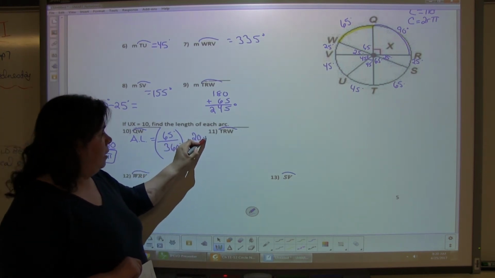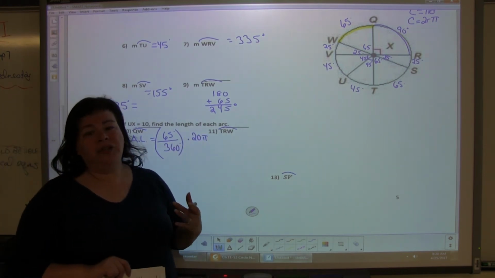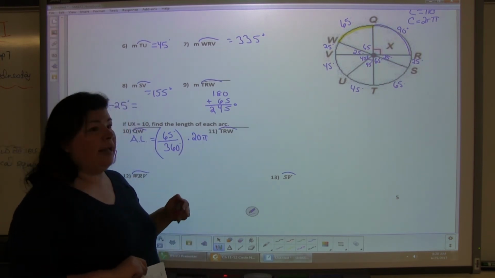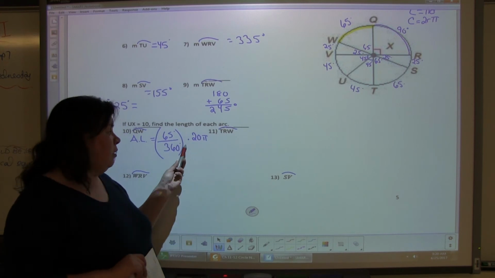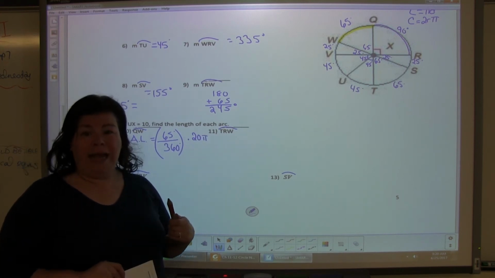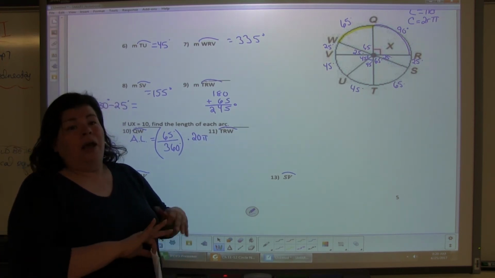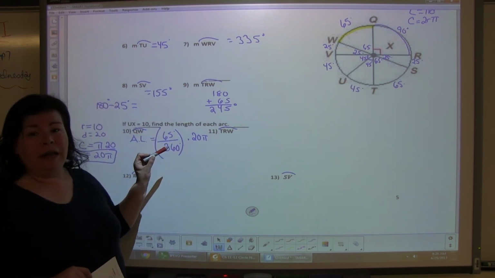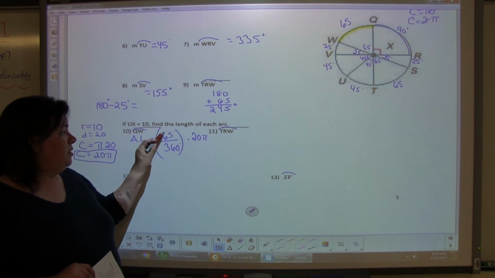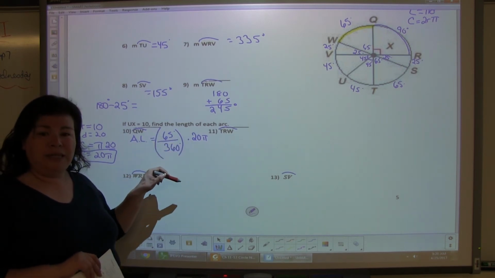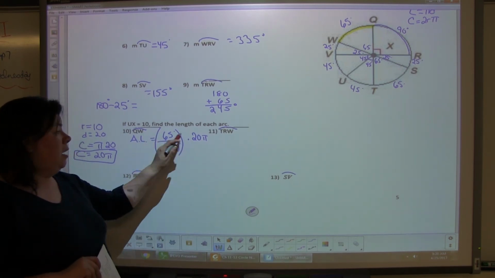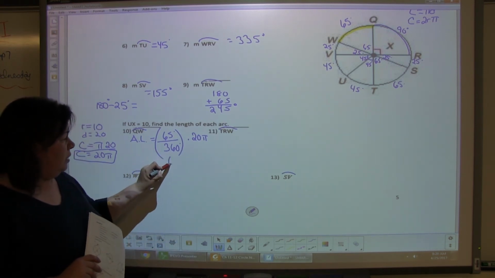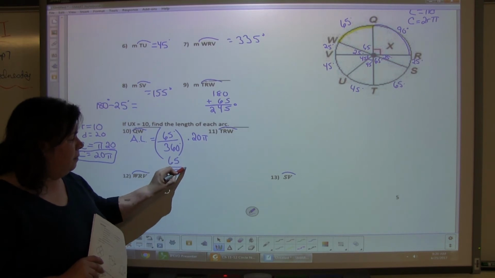20 pi. Now, we actually want to make sure we write our answer in terms of pi, which means we leave pi in our answer. So we're not going to do anything with the pi in our calculator. As our final answer, we're going to leave it. So if you take your calculator right now and in parentheses put 65 divided by 360 in closed parentheses and multiply it by 20 pi, we're going to get 65/18 pi.